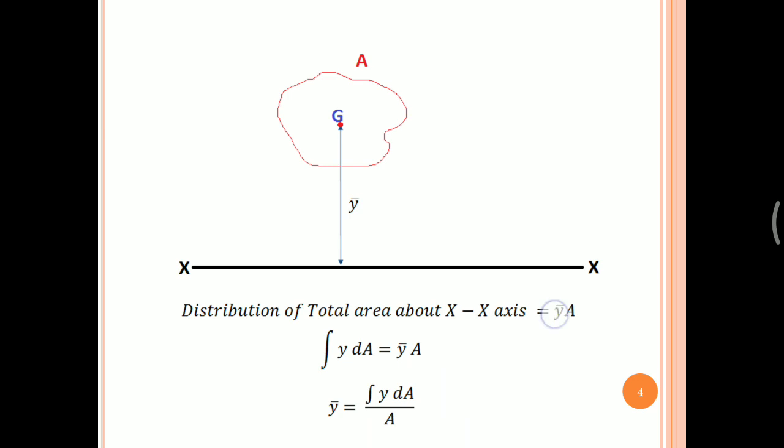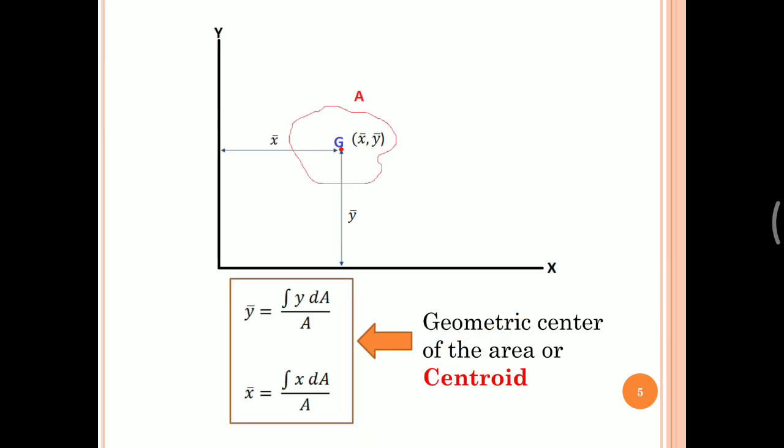From that we have obtained the equations for the coordinates of the centroid, x bar and y bar. These equations are very important.